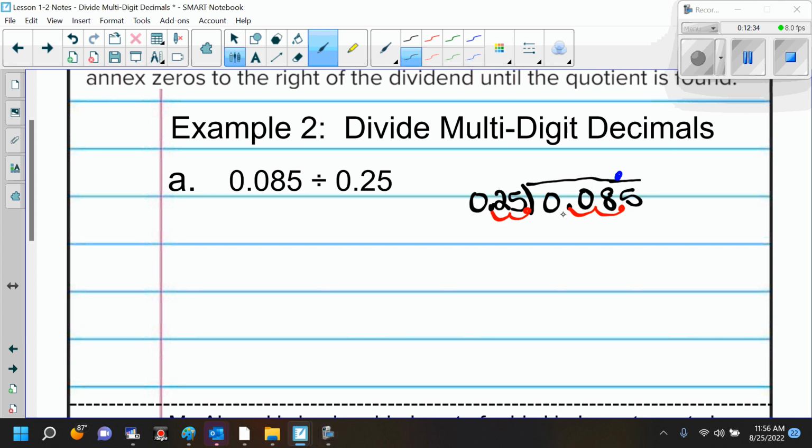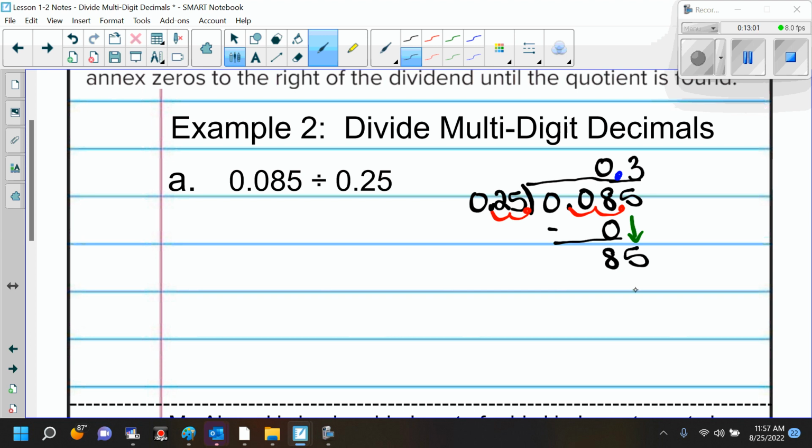So let's see. 25 goes into 8 how many times? 0 times. 0 times 25, 0. Then we subtract 8. And now we're going to bring down that 5. And how many times does 25 go into 85? 3 times. Very good.